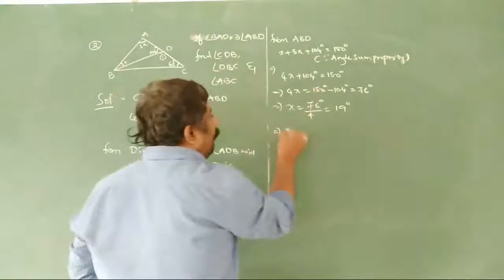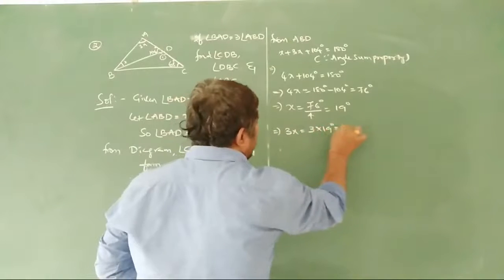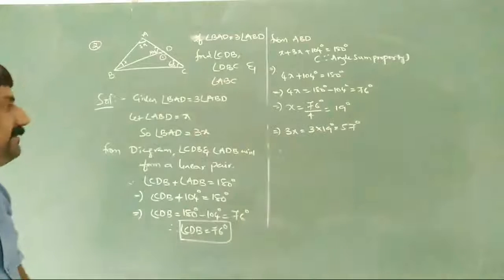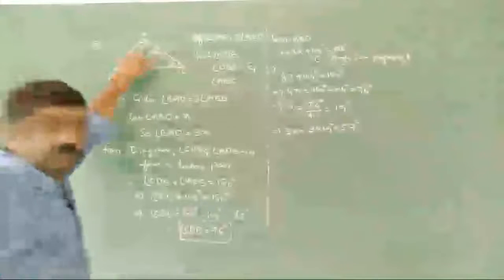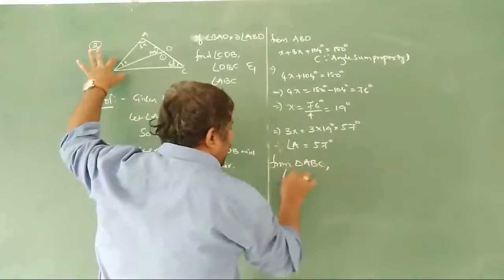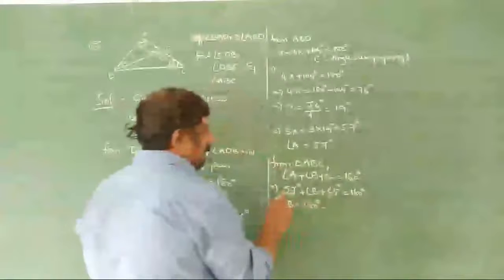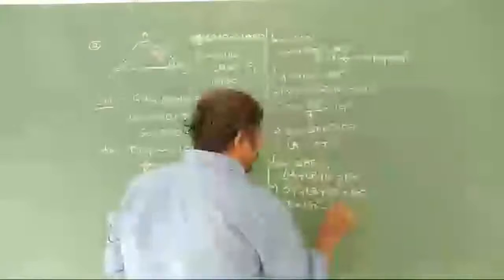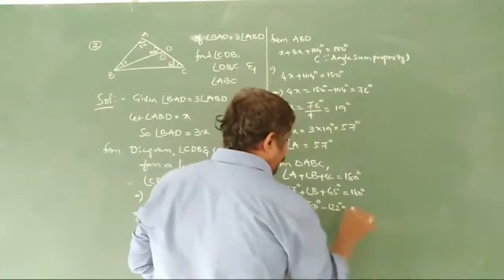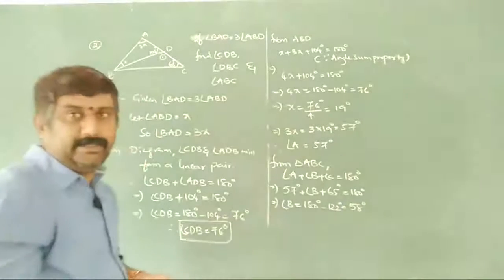Then automatically, what about 3x? 3x is going to be 3 into 19, which is giving us 57 degrees. Angle A is forming as 3x. So therefore 180 minus 57 is 122 degrees, and we are going to get 58 degrees here.